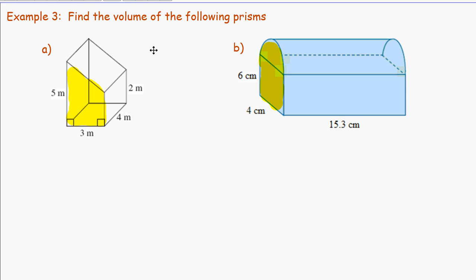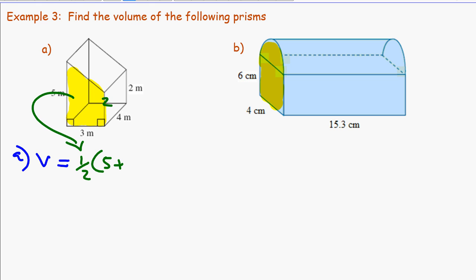So let me start with A. The cross section here will be a trapezium. So to find the area of a trapezium, it's a half into A plus B. Remember, this is 2.